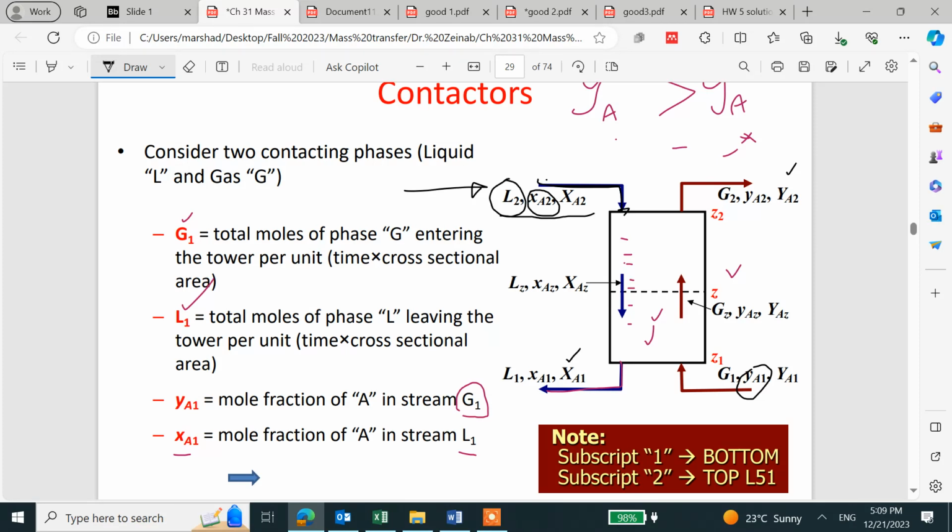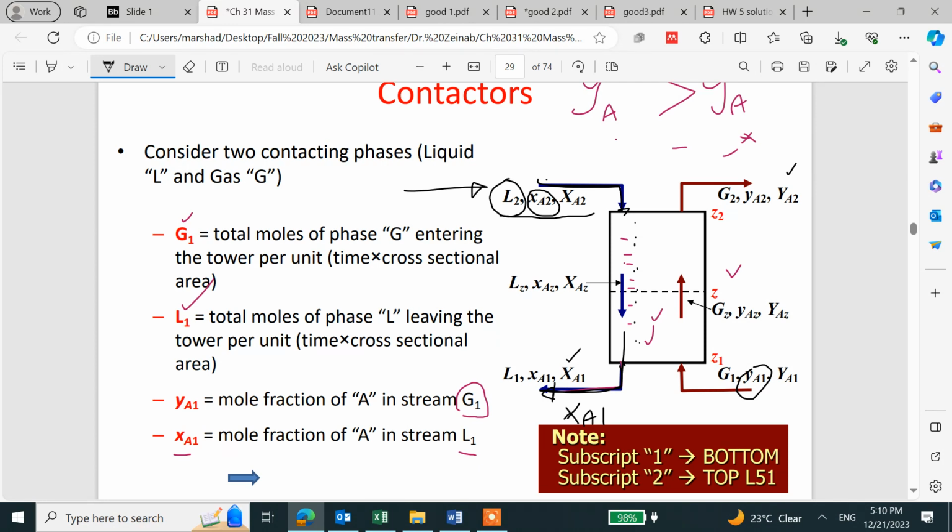Okay, the ideal scenario. What will be the ideal scenario? In the middle, we cannot predict much. What we can predict is the leaving stream of the solvent, leaving from the column, XA1. What will happen if we use the minimum flow rate of solvent?